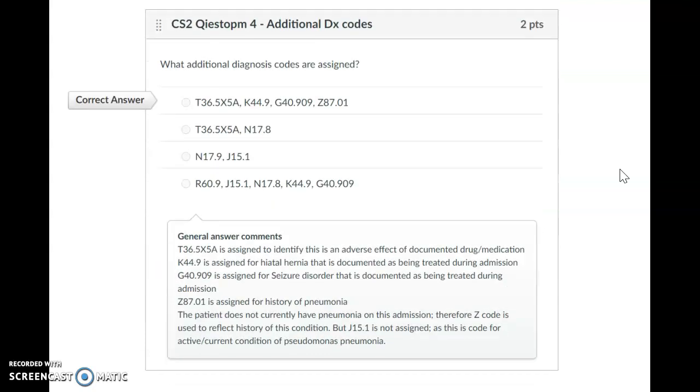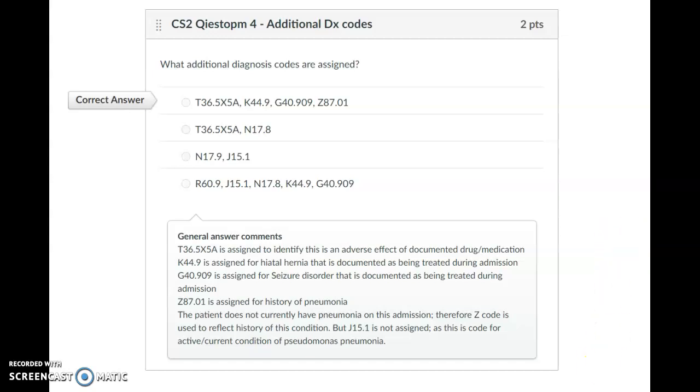All right, so our additional codes, we have our T code. For our documented drug, we have the K code for our hernia, the G code for the seizure, Z87, which is for the history of pneumonia. J15.1 is not assigned because it is not active, it's not current.